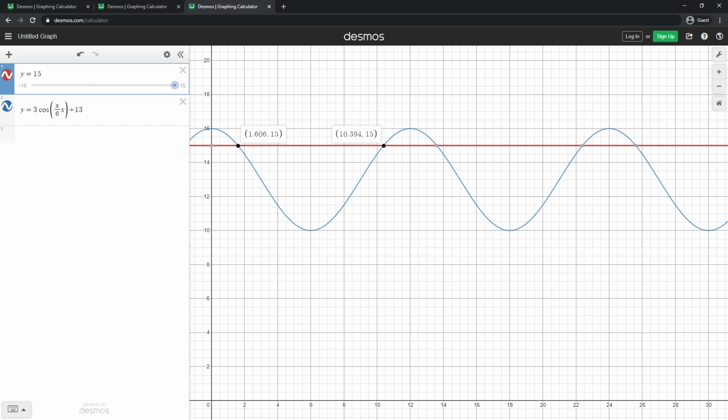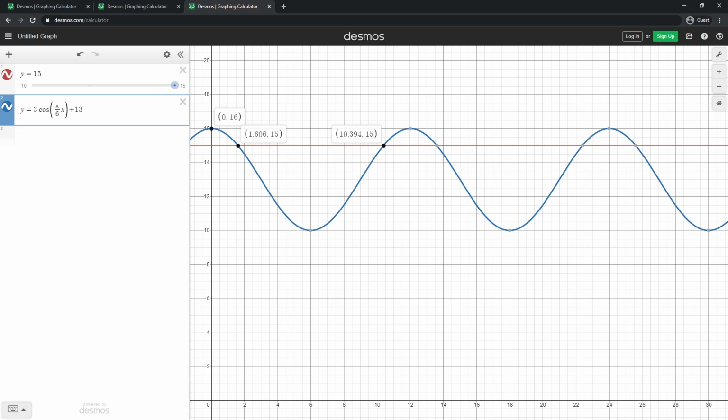Also, to solve this equation, we let one side, since the left-hand side was equal to 15, be y equals 15, and the right-hand side was 3 cosine pi over 6x plus 13, that is in blue. The intersection is where solutions will be. So the first one, 1.606, comma 15, and then 10.394, 15 as well.